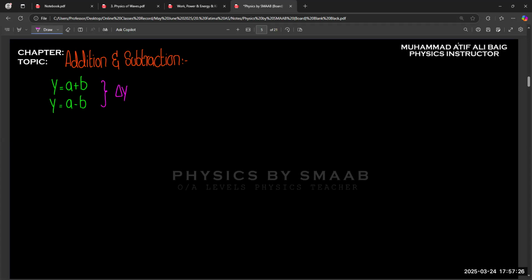This delta sign is for uncertainty. So uncertainty of y will be equal to uncertainty of a plus uncertainty of b. So it means whether we are performing addition or subtraction, the uncertainty remains the same. We have to add their uncertainty always.